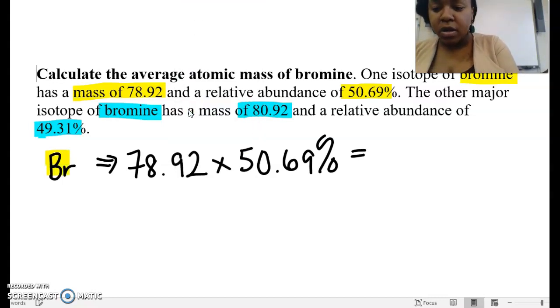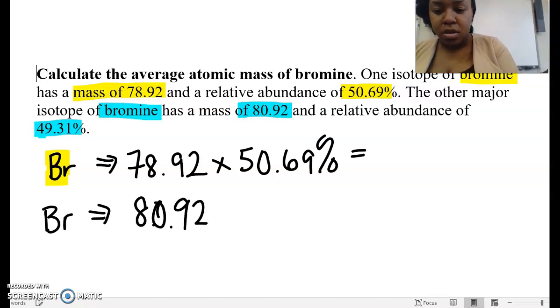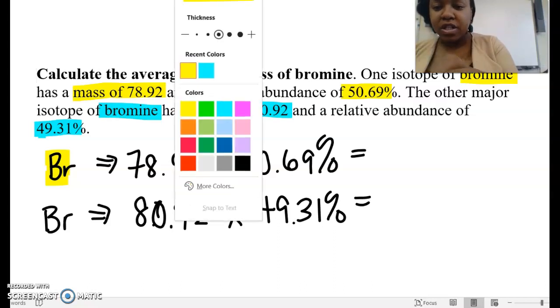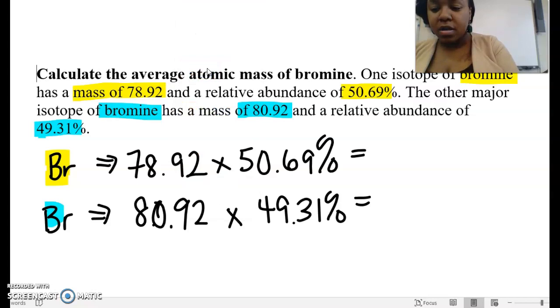Just want to make sure we color code to match what we have in our problems. Now that we have the first one, let's write down the second one, which would be our bromine with the mass of 80.92. And that relative abundance is 49.31%, and we know that that is in relation to the second isotope that we mentioned.